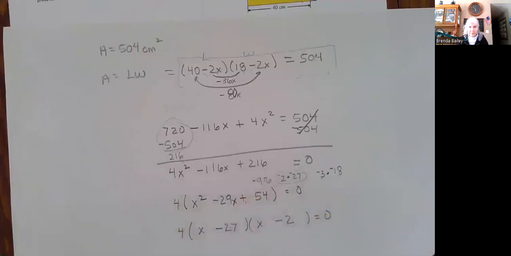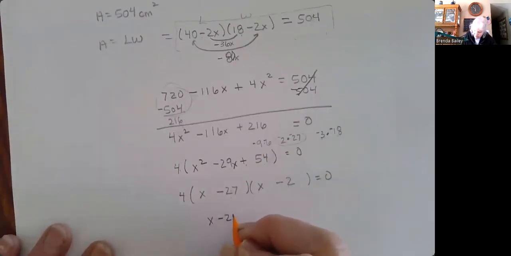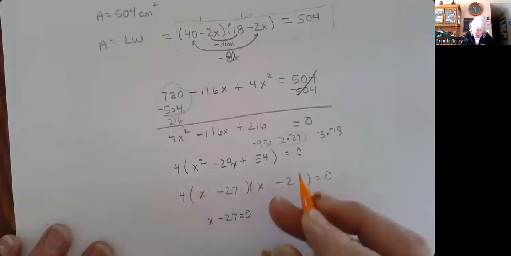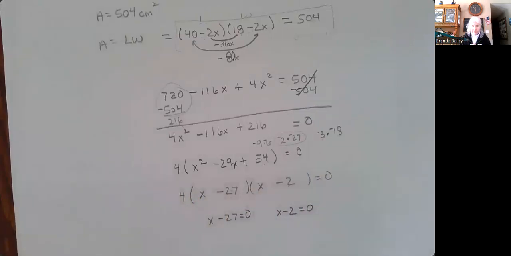All righty. So we'll set both of those equal to 0, because there's no variable out here, so we don't have to look at it to solve it. Add 27 to both sides, add 2 to both sides. So we have 2 possibilities.